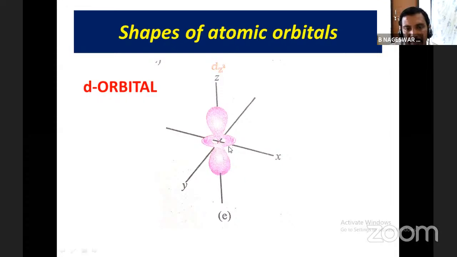Totally, d orbitals are 5 types: dxy, dxz, dyz, dx square y square, dz square.